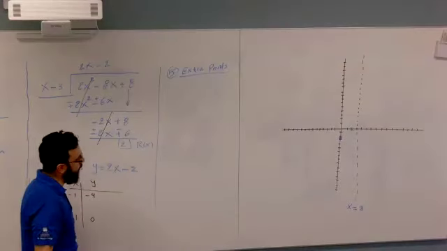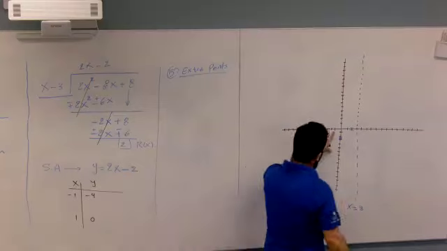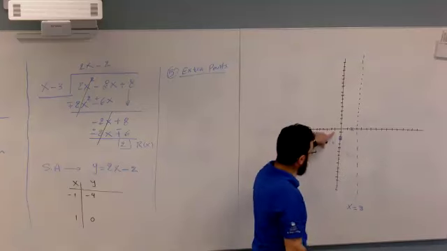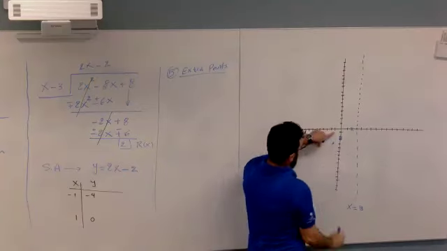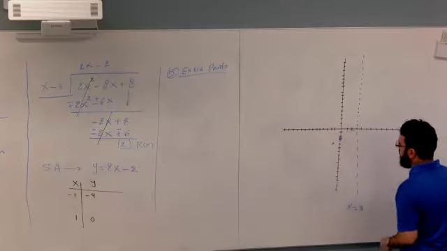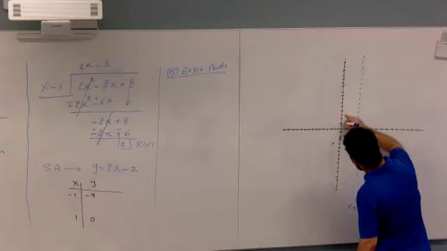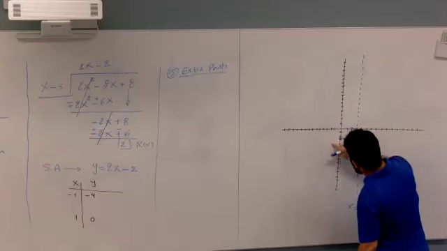Negative 1 and negative 4. Here's negative 1. 1, 2, 3, 4. The first point on the slant asymptote. What's the next point? 1, 0. Be careful.